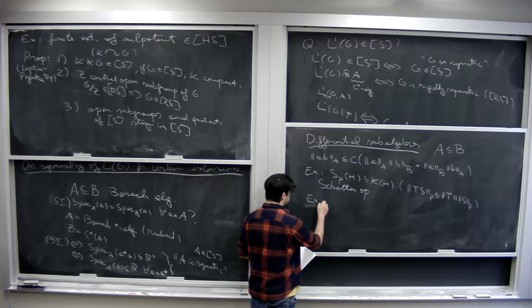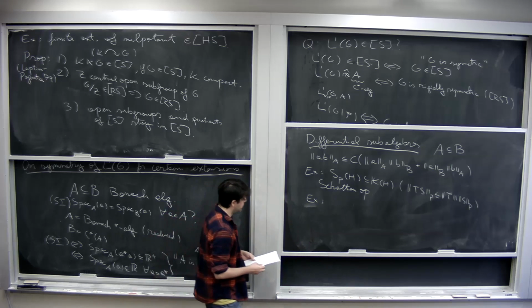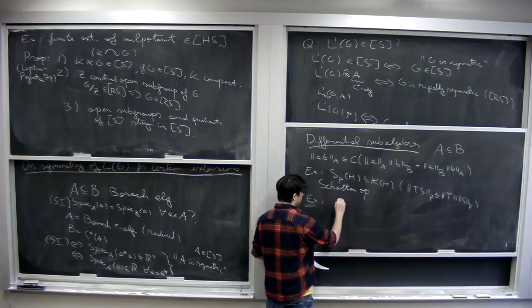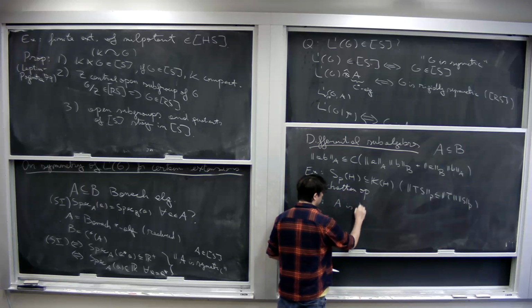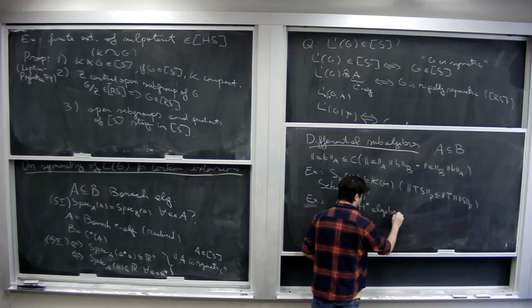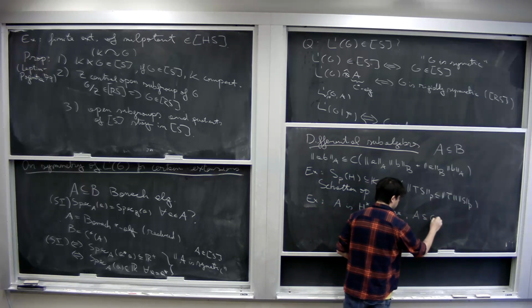Another example. This example is more useful, but it's also stranger if you have never seen it. If A is an H-star algebra, then this inclusion is differential.